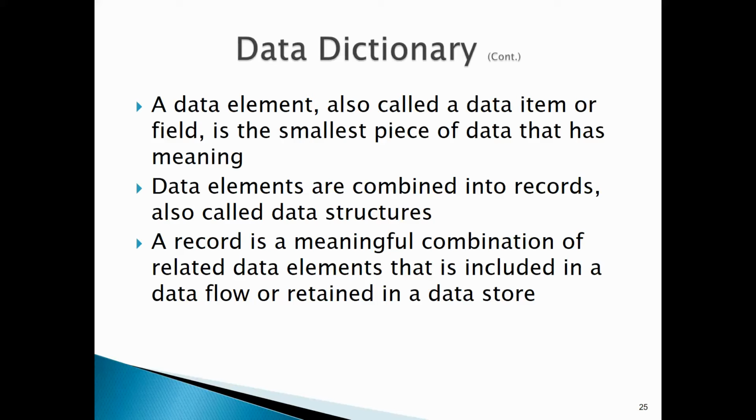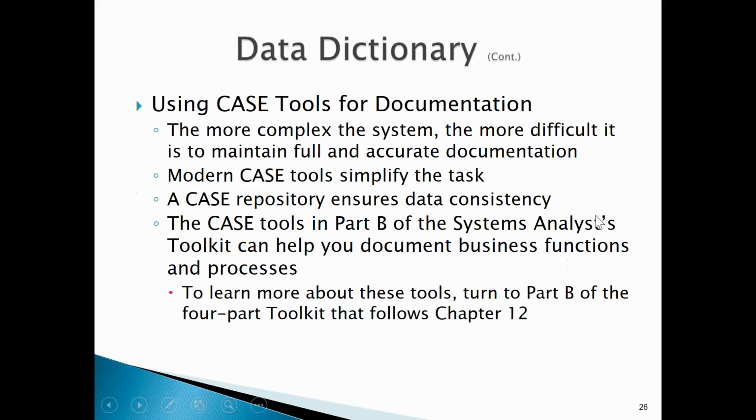That way we could sort by the street name without having interference from the house number of the address. So good example there. A record is a meaningful combination of related data elements that is included in the data store. So if you've taken a database class, you understand what we're talking about here.